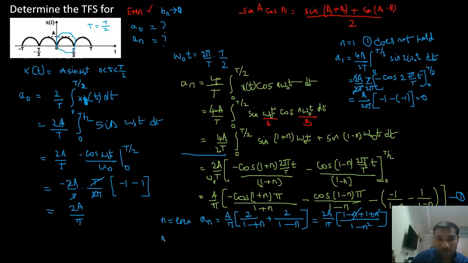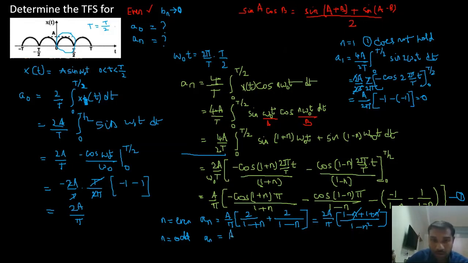Now what happens when n is odd? When n is odd, 1 plus n is even. So even number into pi. Cos 2 pi or cos 4 pi, what will happen? Cos 2 pi, cos 4 pi, it's all 1.